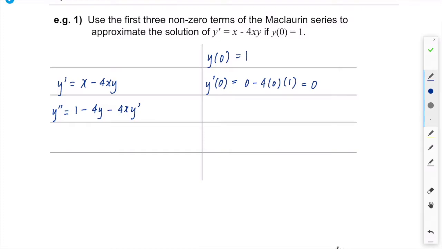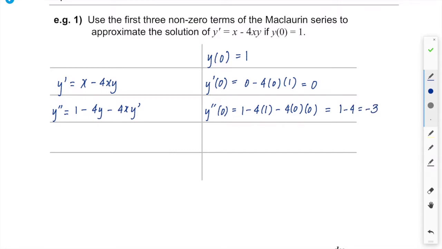I'm going to use y prime instead of dy by dx to save myself from writing those d over dx. Okay? So let's evaluate y double prime of 0: 1 minus 4 times the y value, which is 1, minus 4 times 0, since y prime we found above is 0. So this is 1 minus 4, which is negative 3.